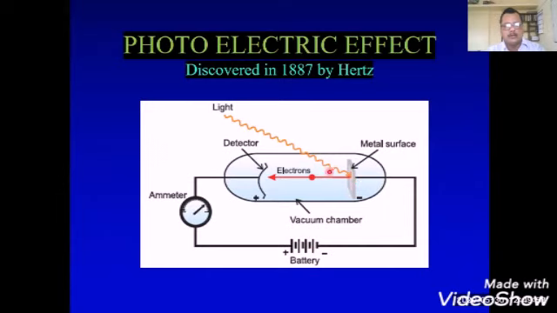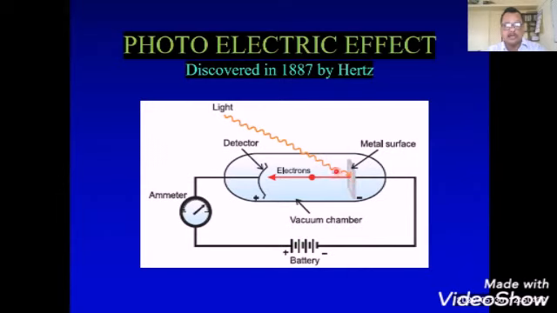Now what Hertz observed is that when light having suitable wavelength, mind it, I am saying light having suitable wavelength, falls upon the surface of certain metals, electrons are emitted. That means not all light has the capacity to exhibit the photoelectric effect, and again, not all metals have the capacity either.